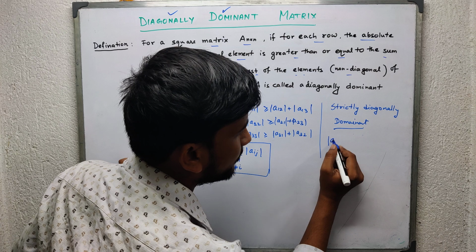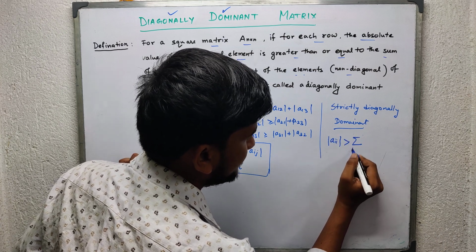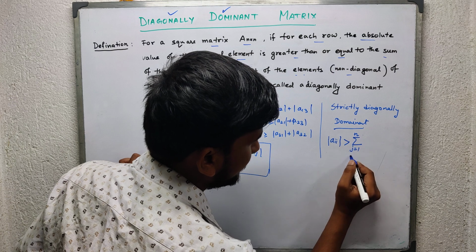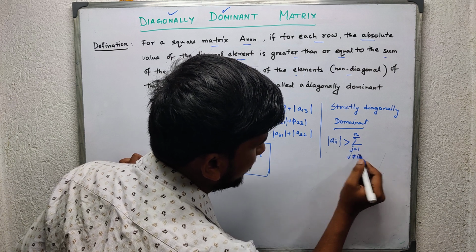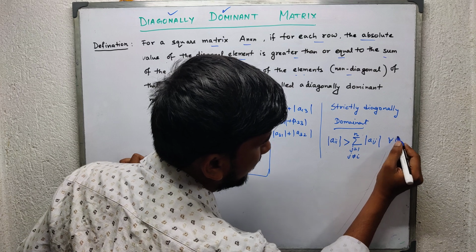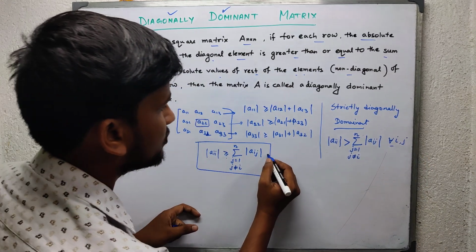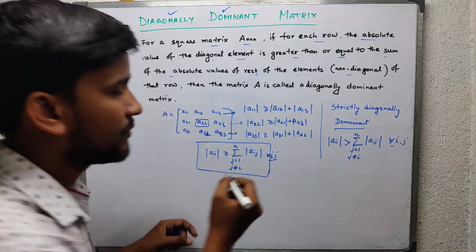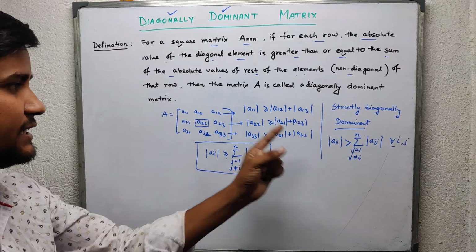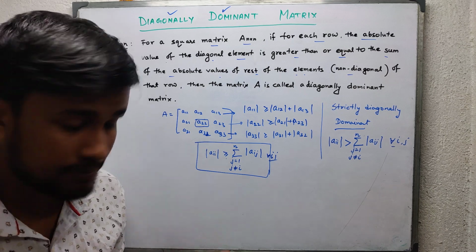That is, mod of Aii is strictly greater than the summation over j equal to 1 to n, j not equal to i, of modulus of Aij, for all i, that is, for each row. So I think you now understand what a diagonally dominant matrix is.